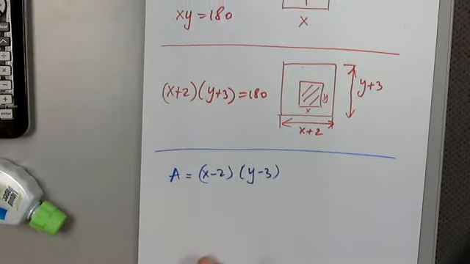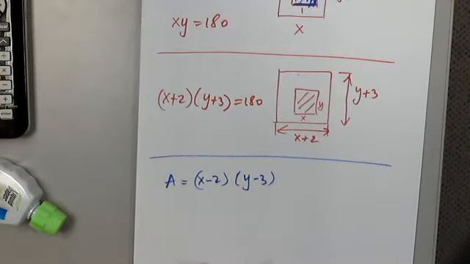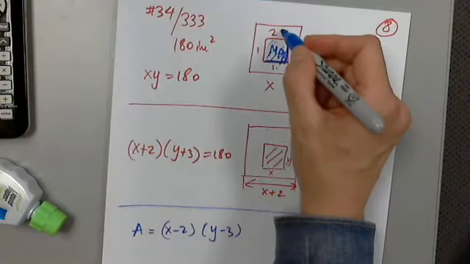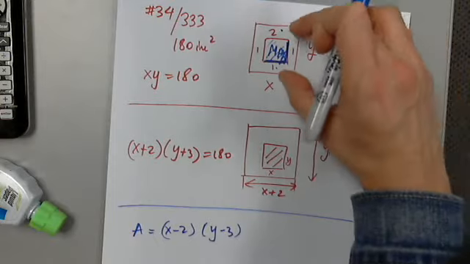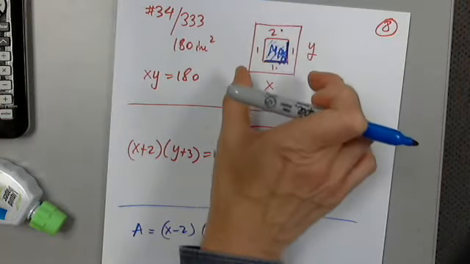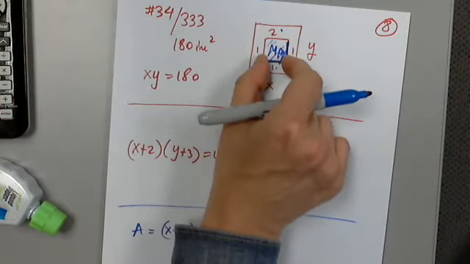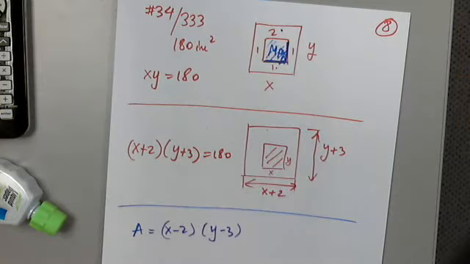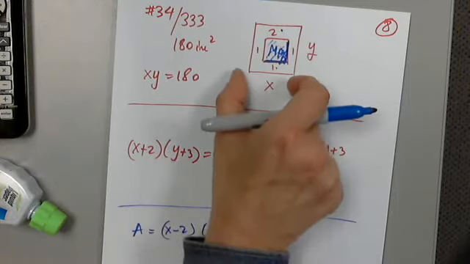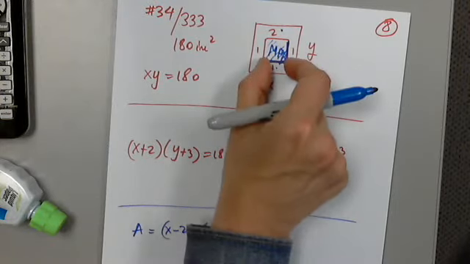Is that okay? Yes? From y, I subtract 3 to get this. From x, I subtract 2 to get this, because this is 1 and 1. I thought the margins are 1, right? From x, I subtract 2 to get this piece.